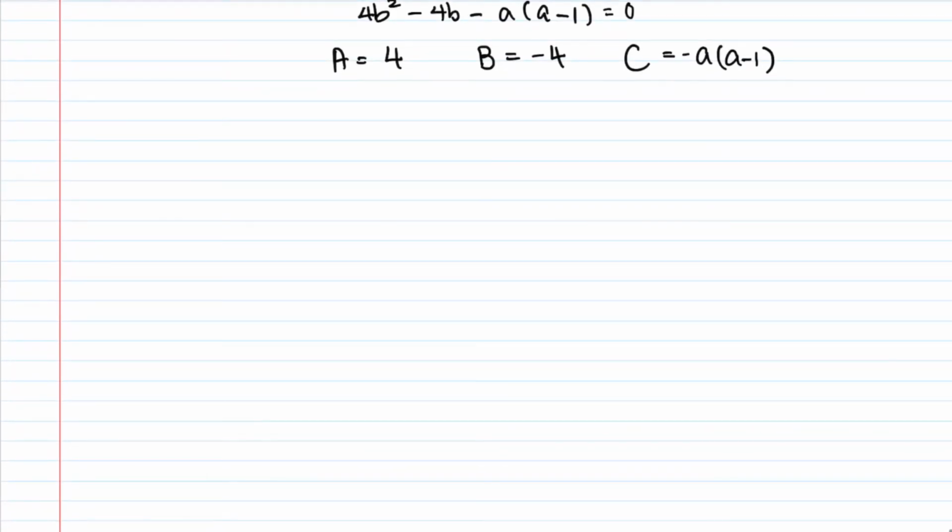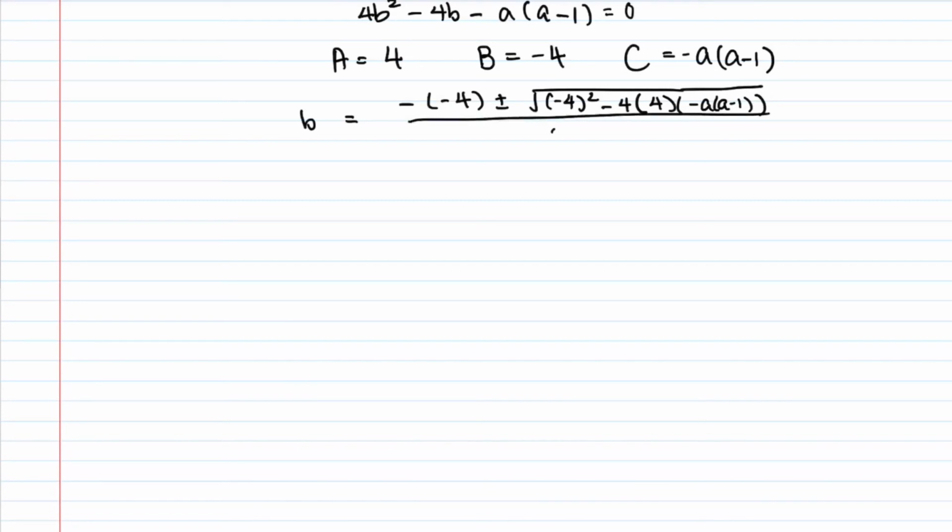If we sub this into the normal formula, let's say if you take it to be x, now you take it to be b, you get minus b plus minus root of b squared minus 4ac over 2a. So you get minus b, which is minus 4, plus minus root of b squared minus 4ac, over 2a, which is 4.